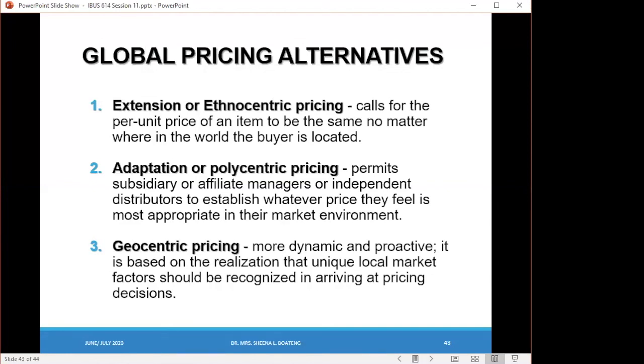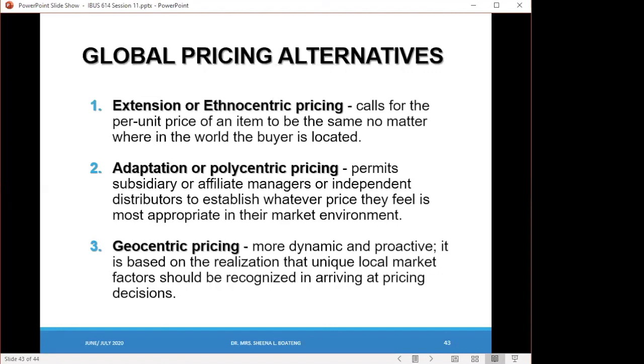However, apart from that, we can use what we call adaptation or polycentric pricing, which permits subsidiary or affiliate managers or independent distributors of the company in the different markets to establish whatever price they feel is most appropriate within their market environment. Because perhaps the cost implications for marketing our product in the home country may not be the same as marketing it in a foreign country like, say, Saudi Arabia or America.